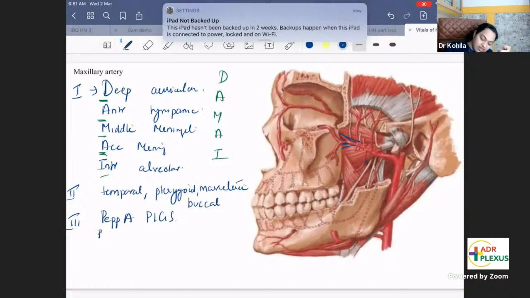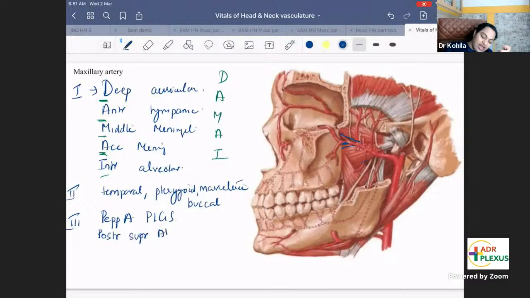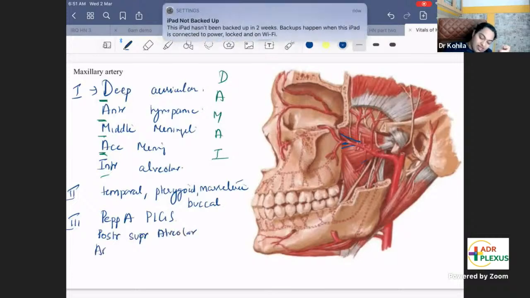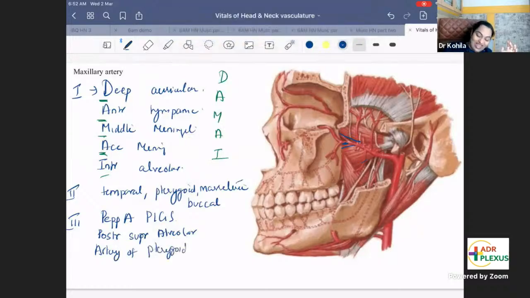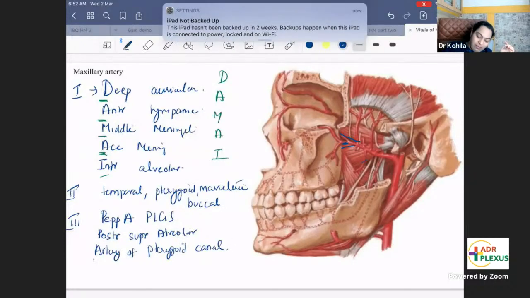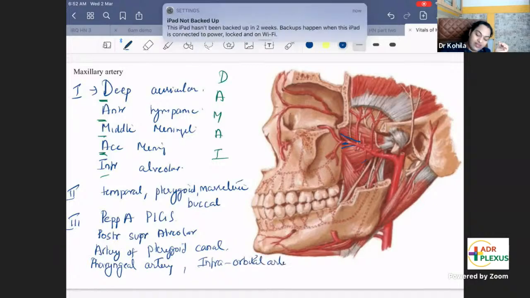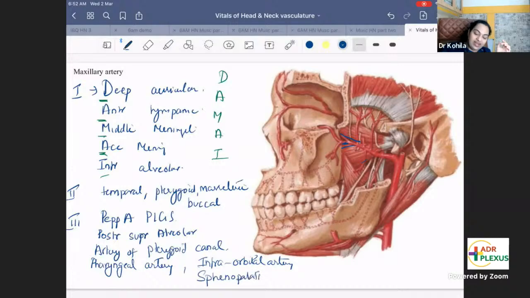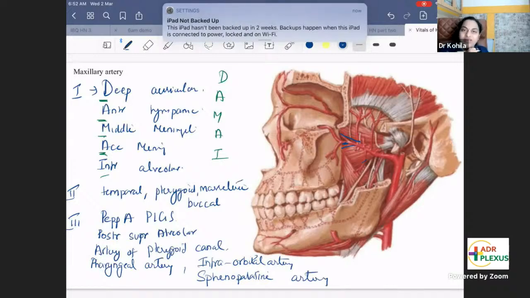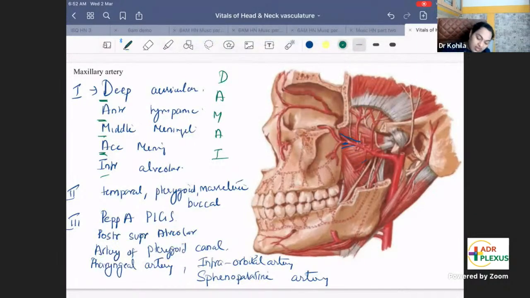The mnemonic here is: P, posterior superior alveolar. I, infraorbital artery, the continuation of the maxillary artery. G, greater or descending palatine. S is the sphenopalatine artery, the artery of epistaxis. Artery of pterygoid canal and pharyngeal artery are also there.